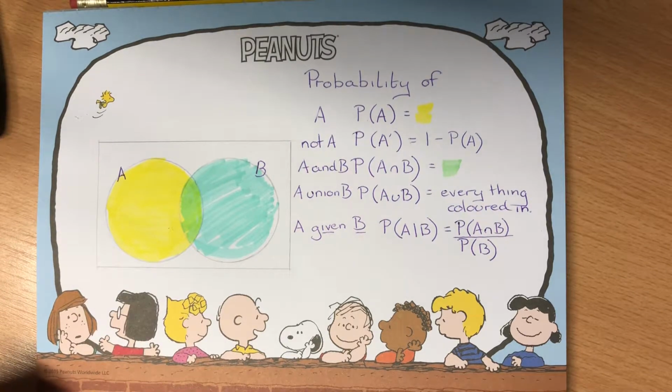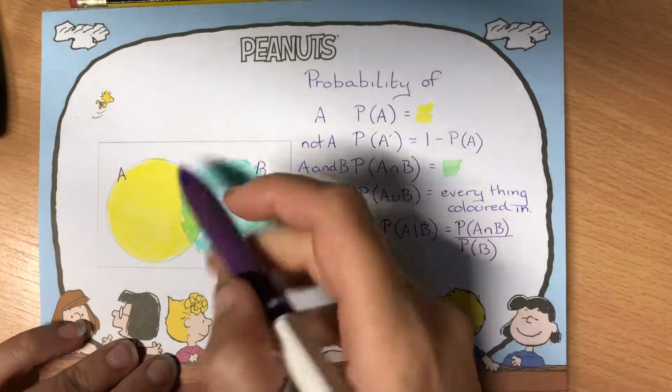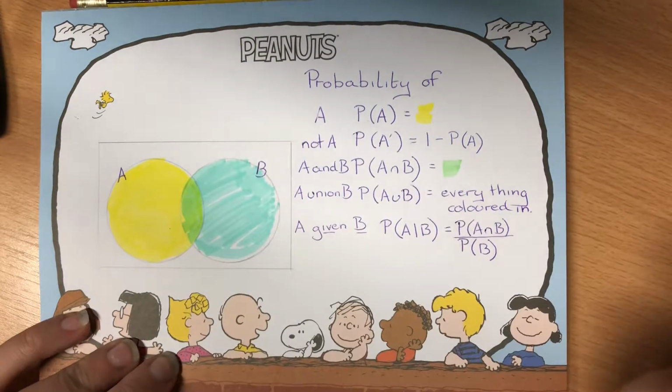If we're working out the numbers and stuff that go with it, always sort out the overlap first.